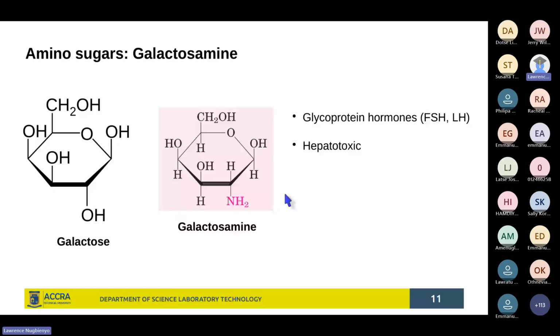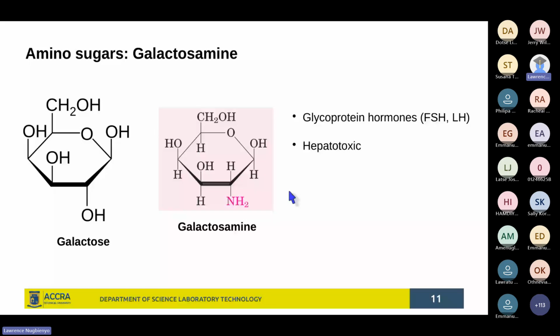It goes to induce hepatitis in the liver of these experimental animals, and then that is used to further study this condition. Then we have monosaccharide.